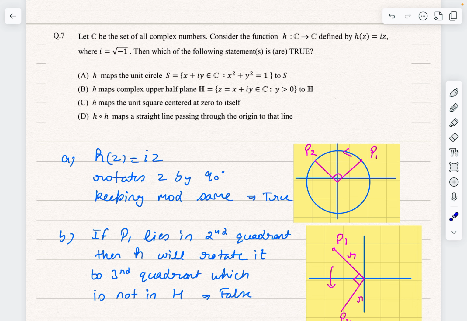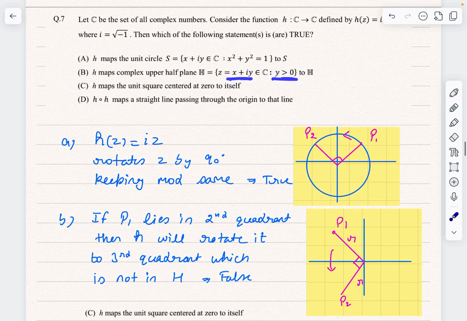Next, H maps the complex upper half plane. See, what is this upper half plane? A complex number x plus eta y where y is positive. That means if you take this on the Argand plane, y positive means the complex number will lie in the first or second quadrant. So it's saying H will map any point from H to H only.